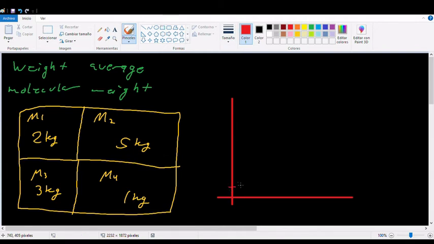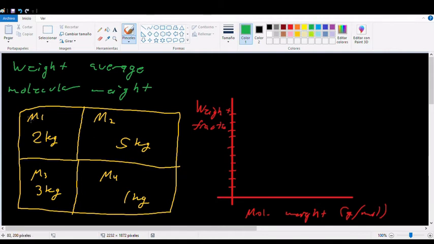Like we have, this is the weight fraction, and this is the molecular weight, in grams per mole.